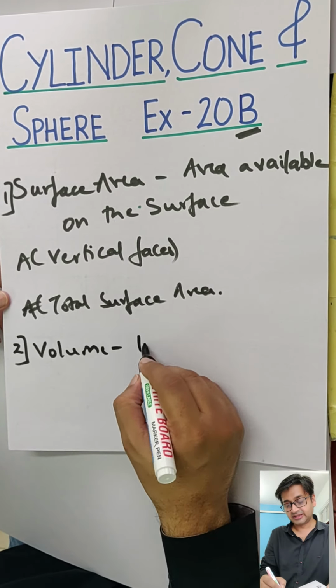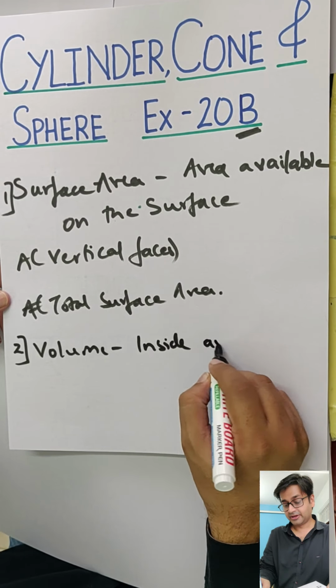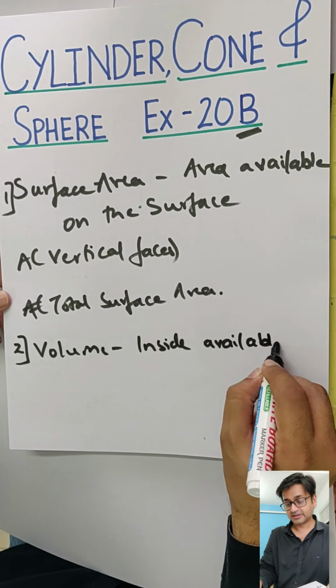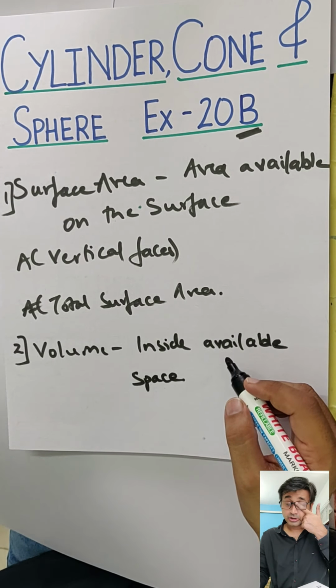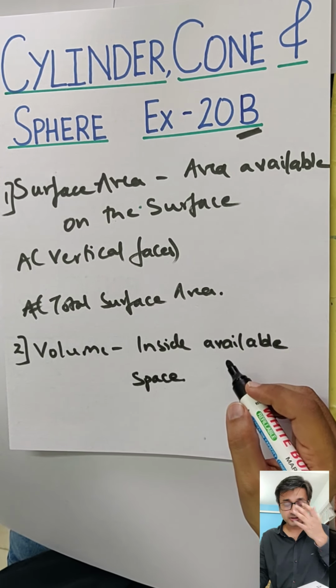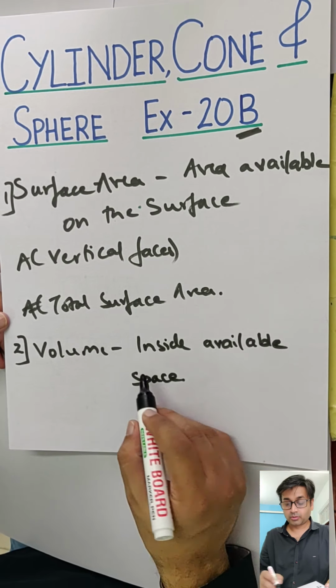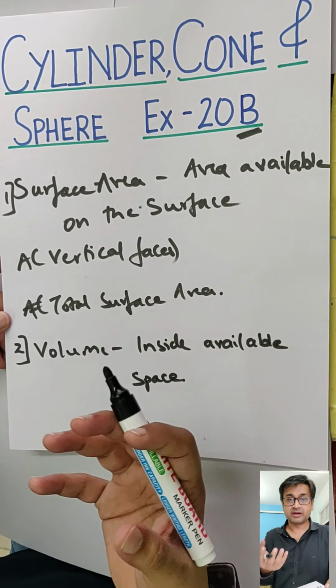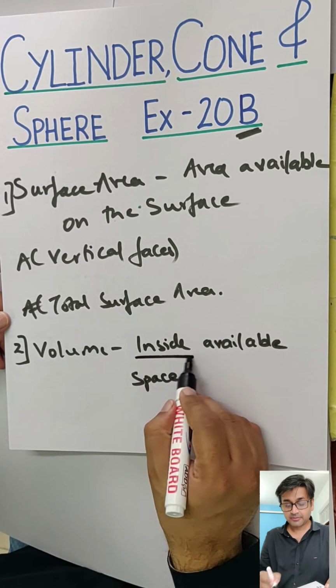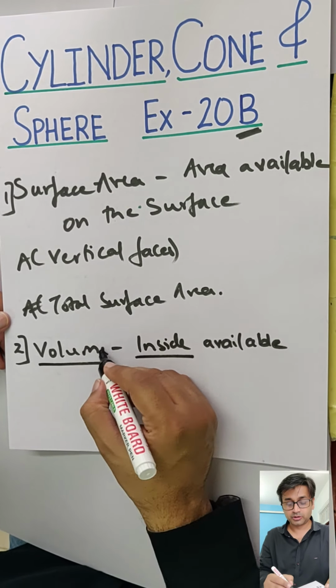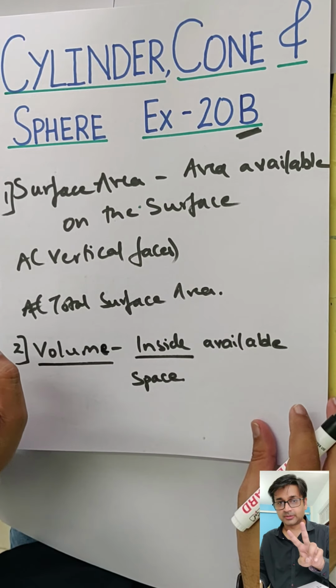Volume basically is the inside available space, or space that is available inside. So whenever you want to find out the volume, or the amount of water, or the amount of objects that can stay inside, or the amount of air that can stay inside, you're talking about volume. Are we clear with these two concepts first?